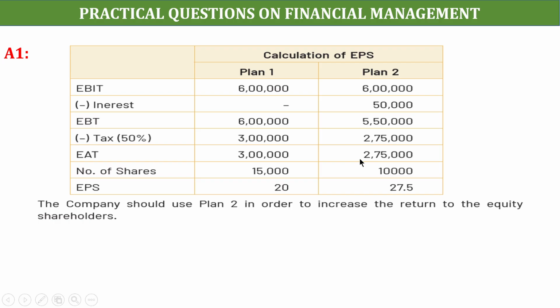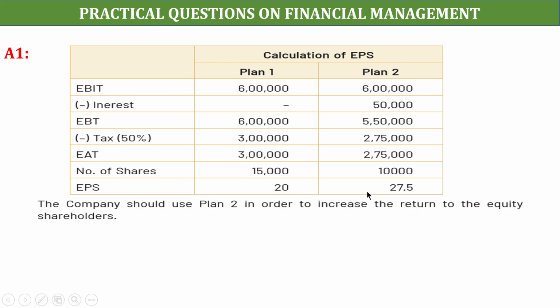So this is the net profit after interest and tax. It will be divided by the number of equity shares. So in the second alternative, where we have raised the funds through debentures, equity share capital will remain the same as usual, that is 10,000 equity shares of rupees 100 each. So here 2,75,000 will be divided by 10,000.